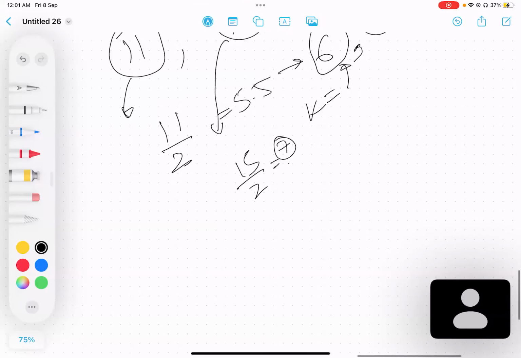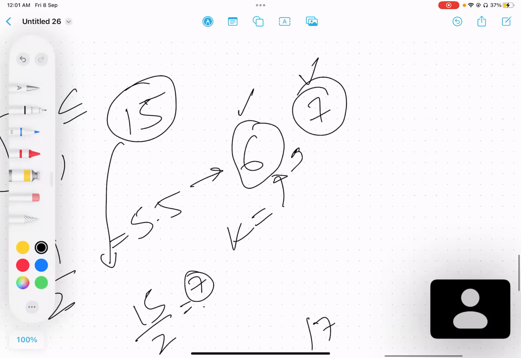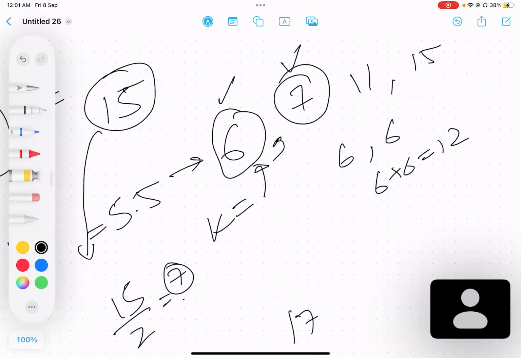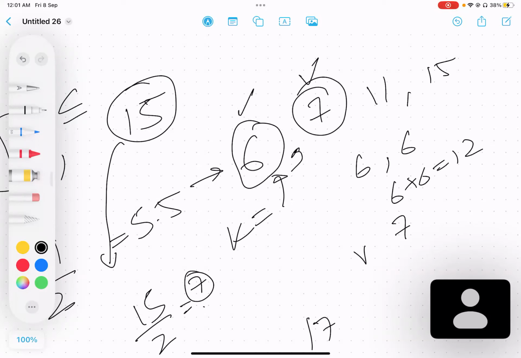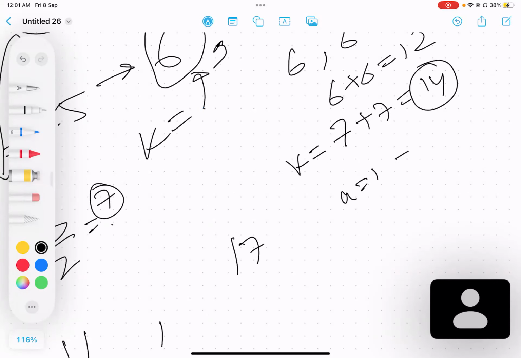Similarly, if we took the value of k as 6, then 6 plus 6 equal to 12. It lies in the range of 11 to 15. Similarly, if you took k equal to 7, in that case 7 plus 7 is 14. So yeah, we are taking a equal to 1 and b equal to 1, and we are giving the equal value.